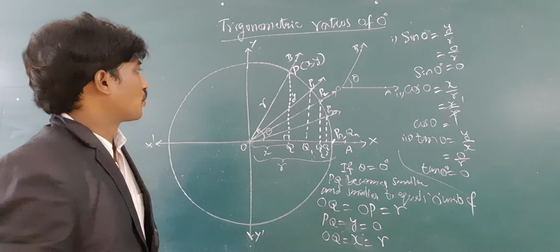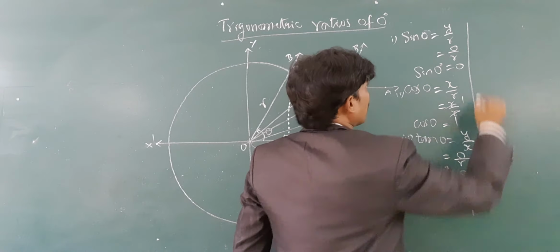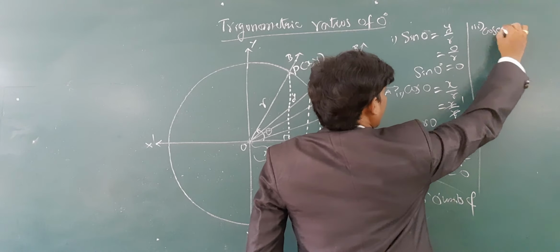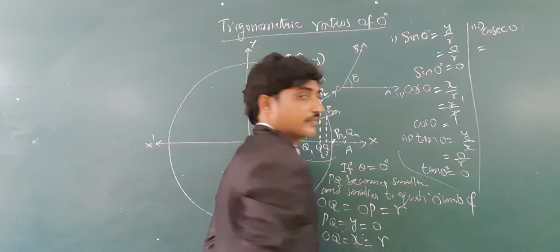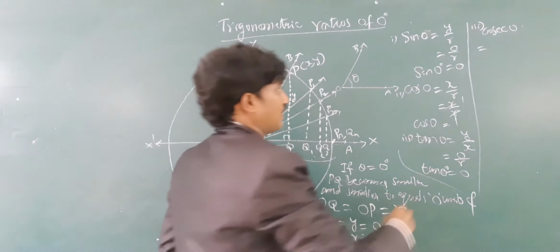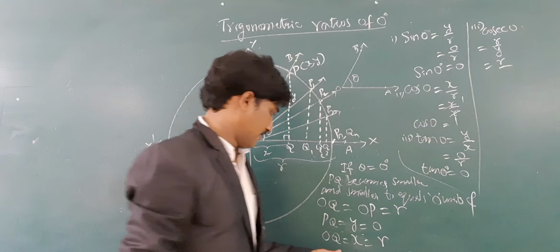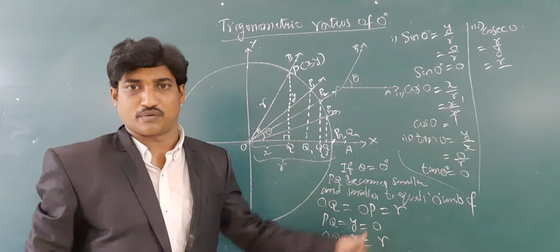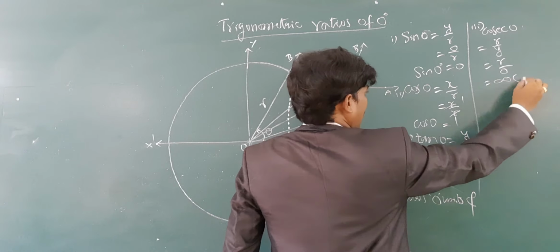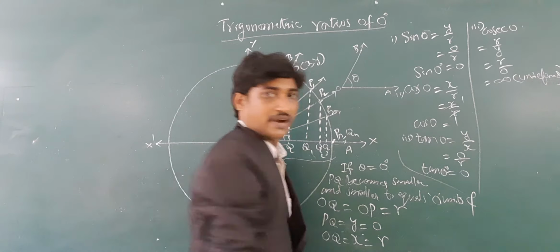Finally, cosecant 0 degree is r by y, and y equals 0 when theta equals 0, so r by 0 is nothing but infinite, undefined, we cannot say, undefined.